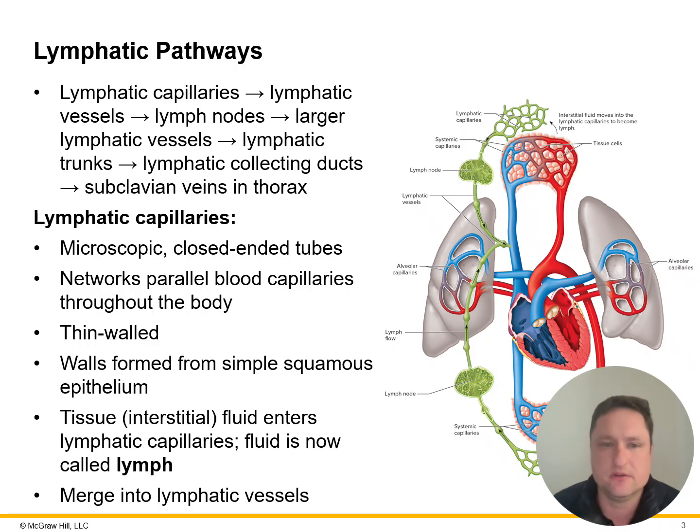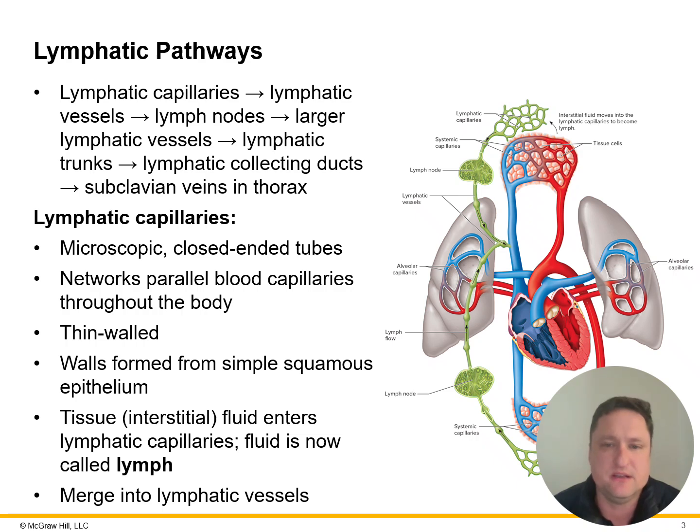Leaving the nodes, lymph passes into larger lymphatic vessels still that converge into regional lymphatic trunks. Now, these are named for the territories they drain. We have the lumbar trunk, the intestinal trunk, the intercostal trunk, the bronchomediastinal trunk, the subclavian trunk, and the jugular trunk.